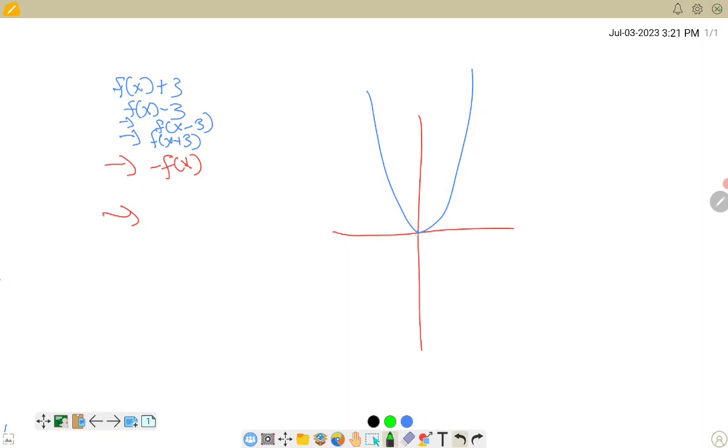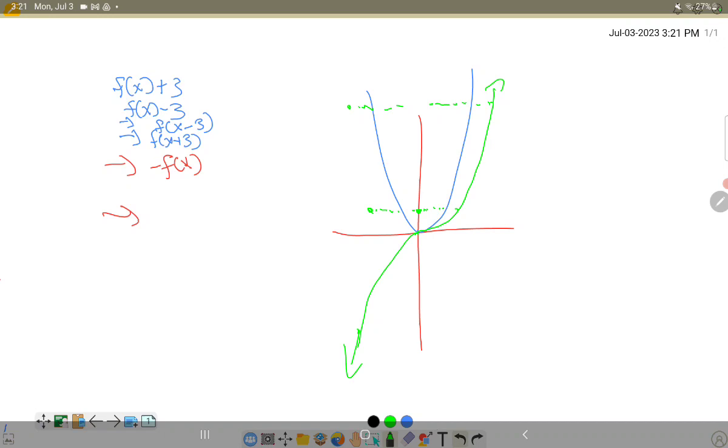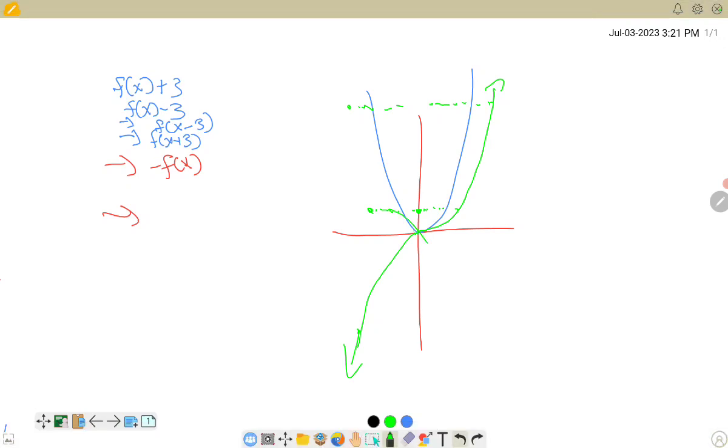Let's say maybe x cubed. So to reflect about the y-axis, then this should come out the same distance across this way, and similarly up here should come out the same distance, and so on. And so we end up getting something that looks like this. That's the reflected version.